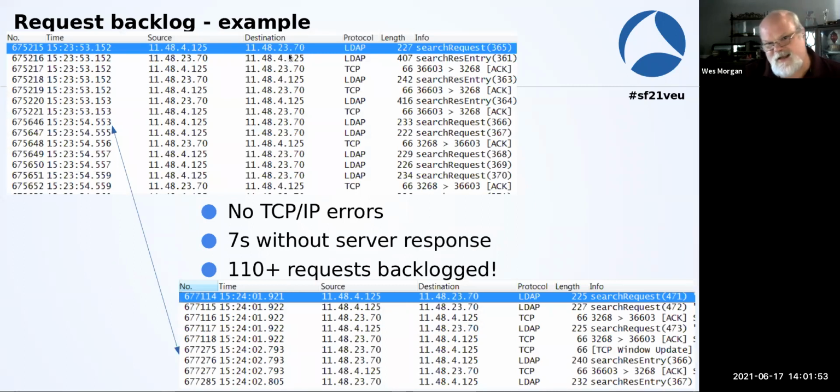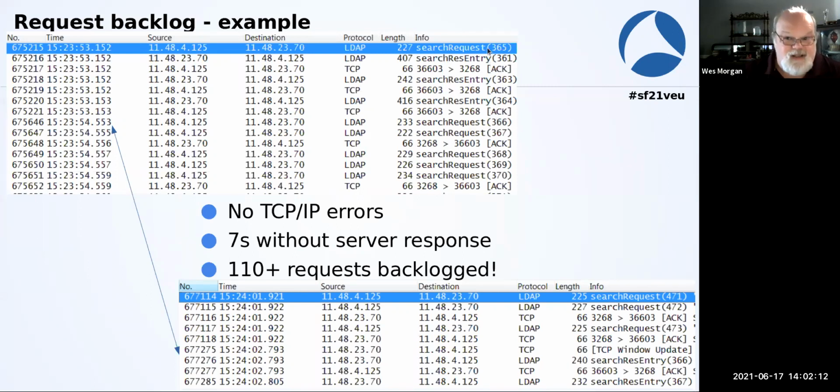And looking at this top screenshot, you'll see search request, search result, search request, search result, search result, search request. And you can see that we're roughly in step.